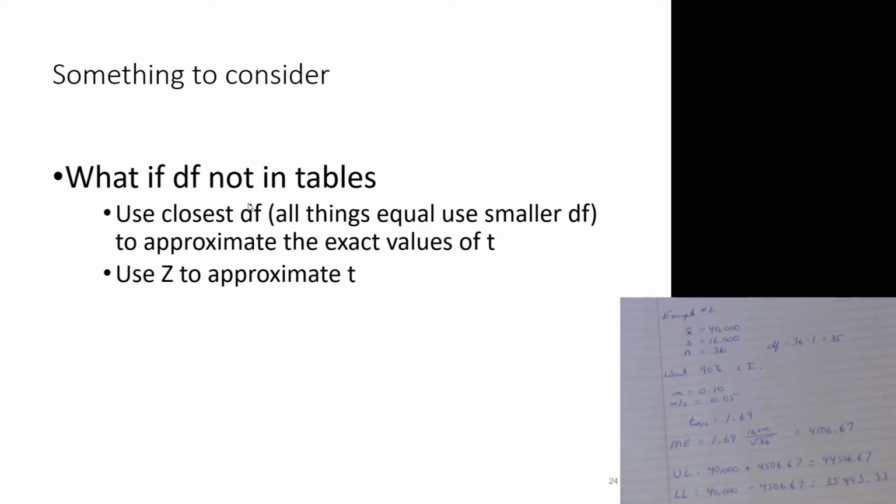All things equal, the smaller one is the more conservative bet, so it's kind of like erring on the side of safety or caution to pick the smaller degrees of freedom. And if it's really, really big, bigger than any degrees of freedom on your table, then you can make a pretty reasonable argument for just using the Z distribution to approximate the T.